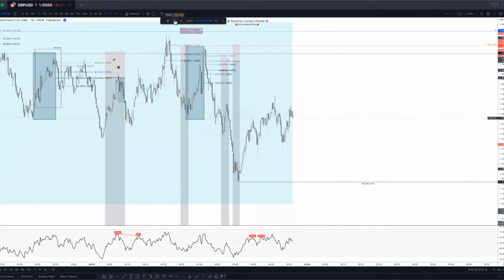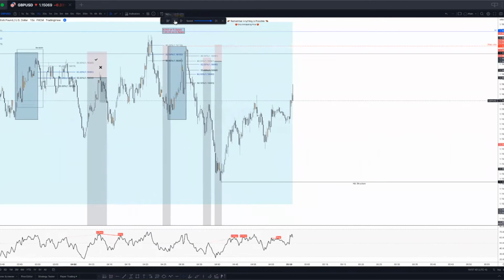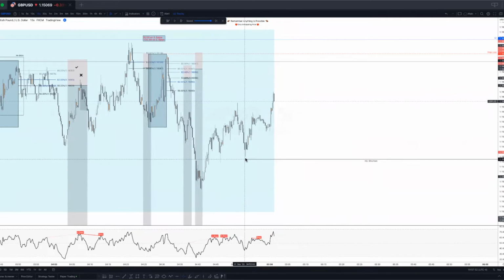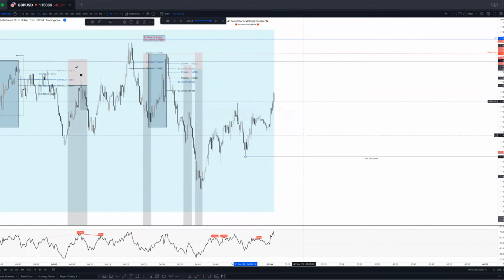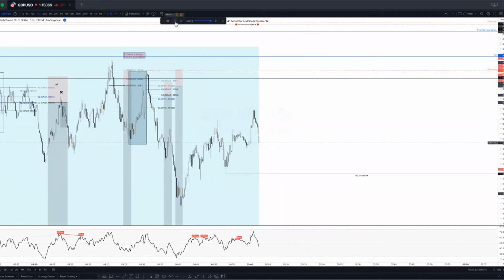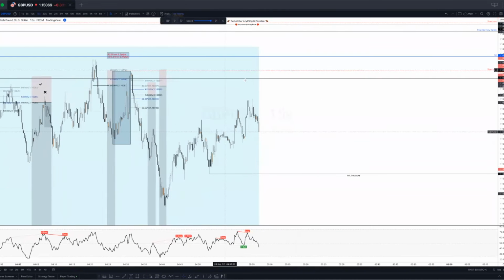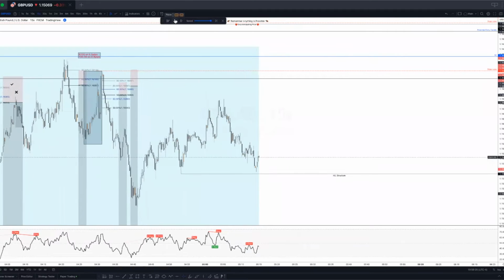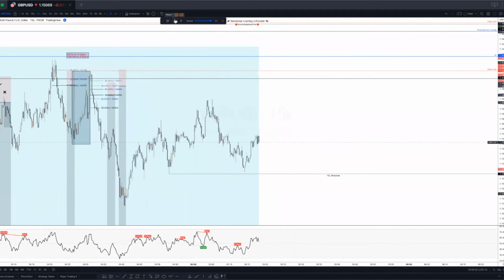There we go. What's going to happen? All right, so we are going up. This is the low that made that high. We accumulate. And did we get in trade? Not yet. Will we have manipulation to get in the trade? Probably not. And I think we're going to just break.